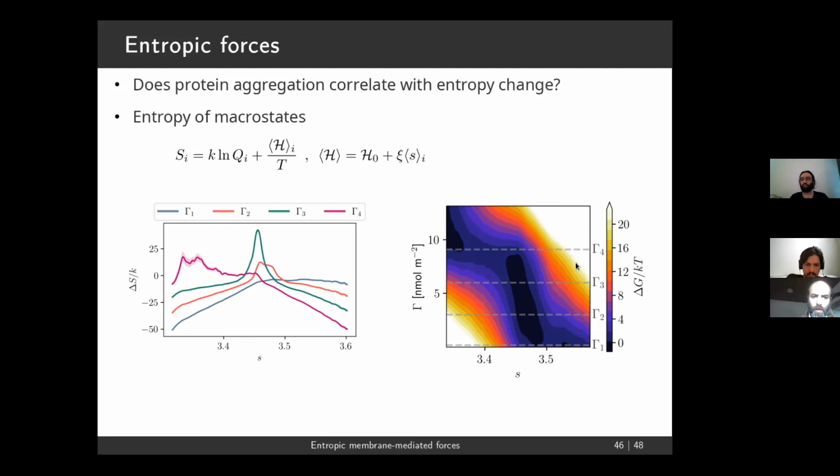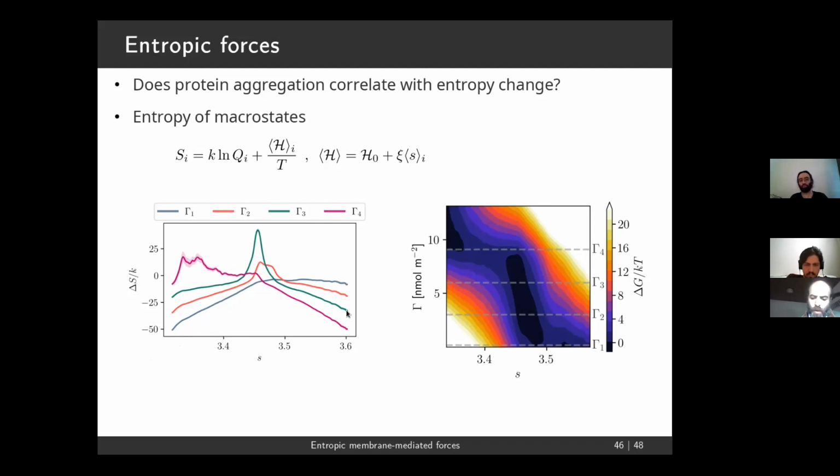And I've looked at different cases with different surface concentrations. And the interesting thing is that for lower concentrations, I can see an observable increase in entropy when particles aggregate. And this is in complete compliance with what we expect from the entropic forces of this thermal Casimir nature.